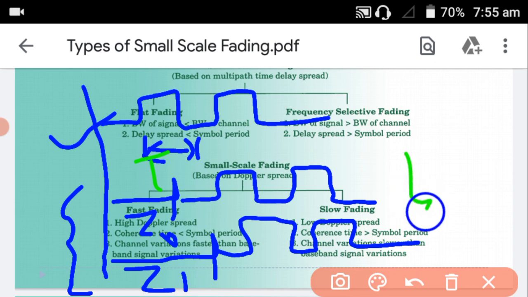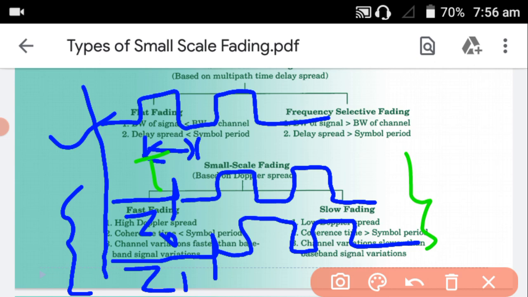Here this case is the frequency selective fading. If we consider the delay spread, in the first flat fading case, there will be no Z0 or Z1, it will be very much less than the symbol period T value.